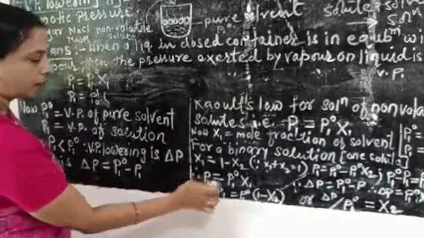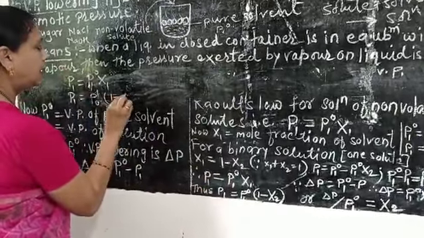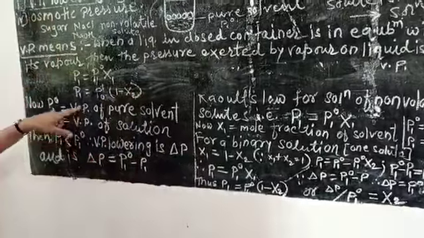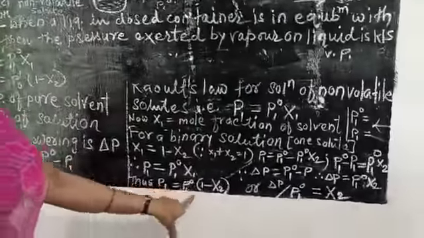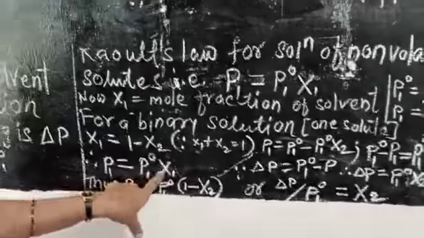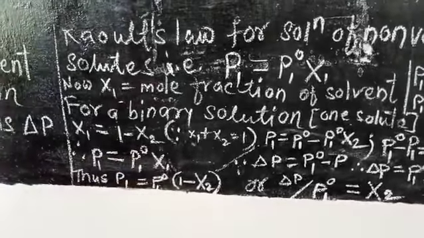So in place of X1 you can write 1 minus X2. Okay. P1 is equal to P01 into, in the place of X1 you can write 1 minus X2.